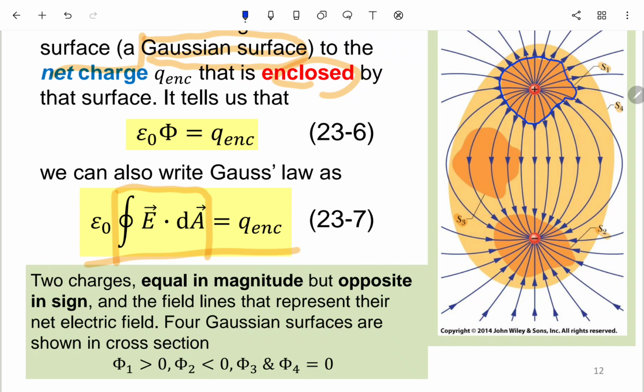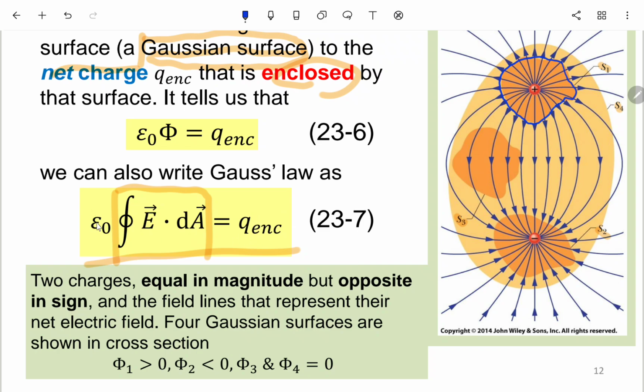Okay, so inside this S1 we have a positive charge. So according to this one, as much as this S1 encloses a positive charge, which means its Q enclosed is positive, and epsilon naught is also a positive value.